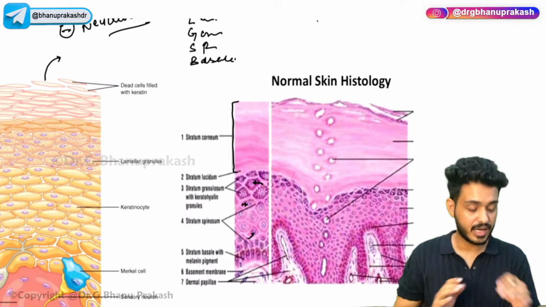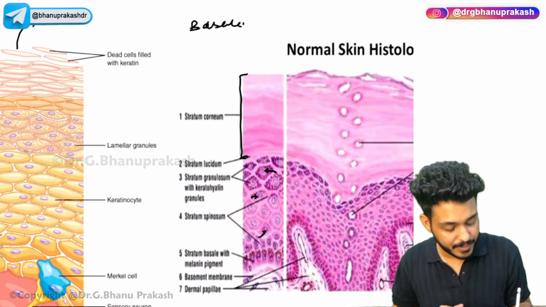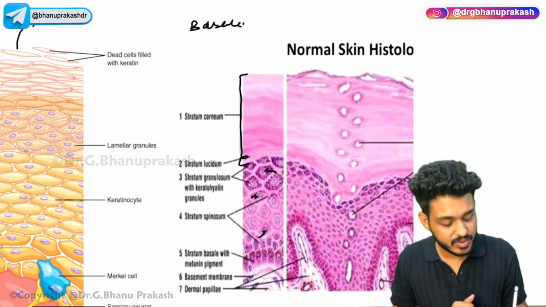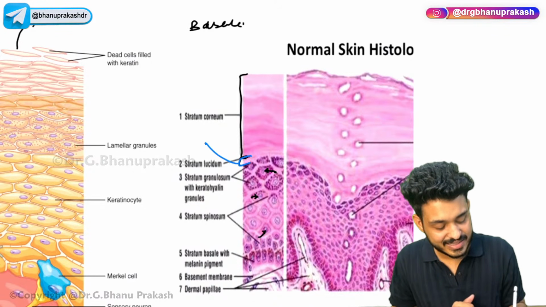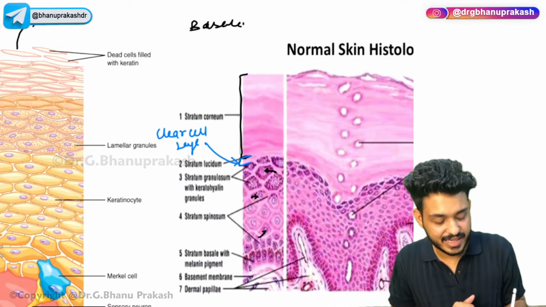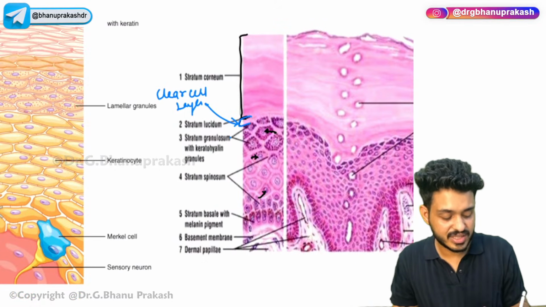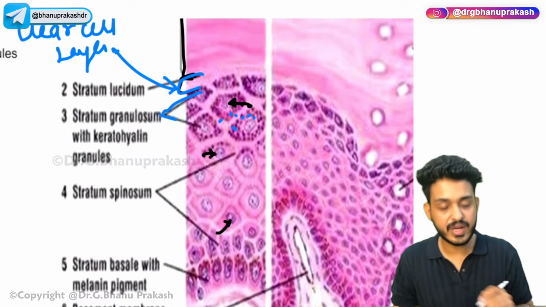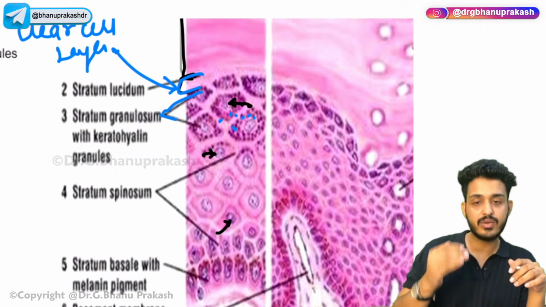Second thing, we are having lucidum. You have to remember about lucidum: this is a clear cell layer. Third layer is your stratum granulosum. Can you appreciate these granules? Yes, we are having this type of granules, so that is your granulosum.